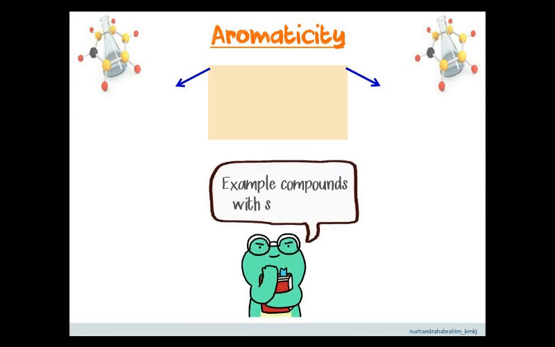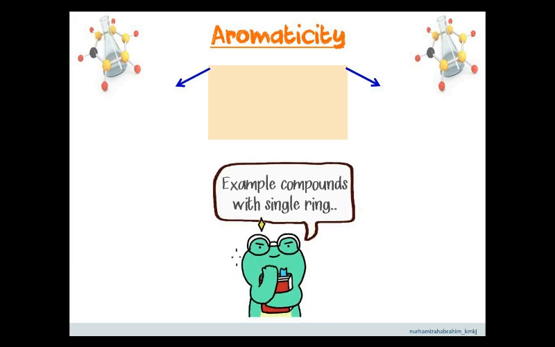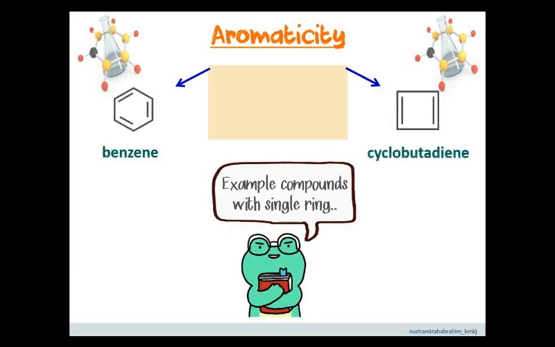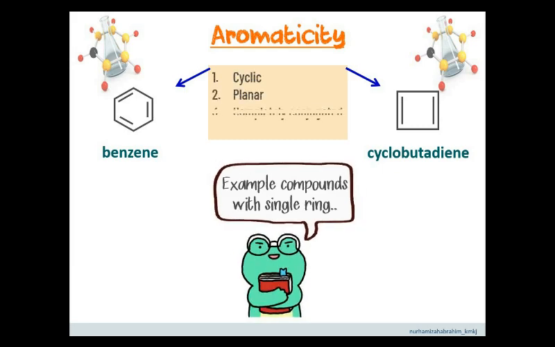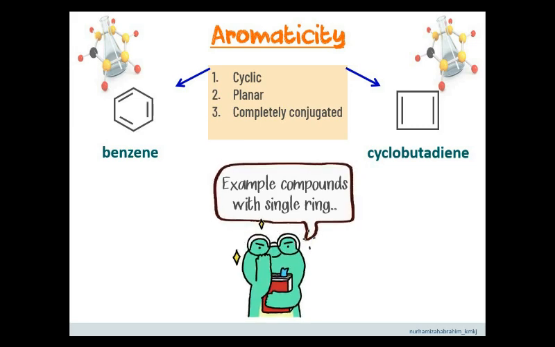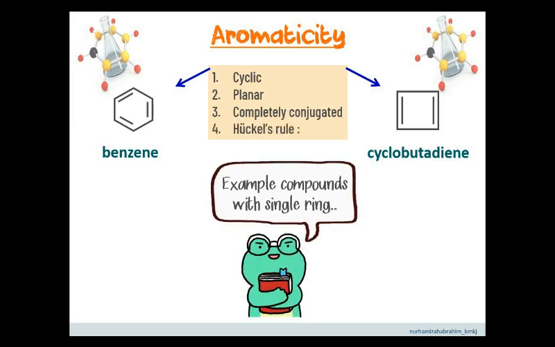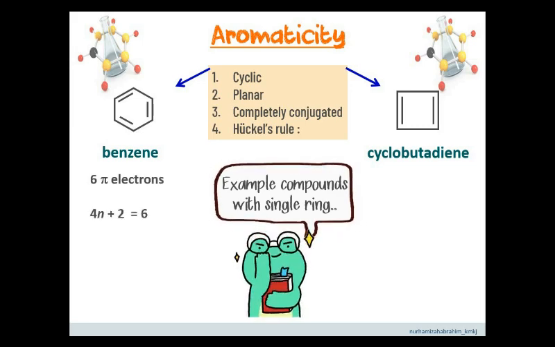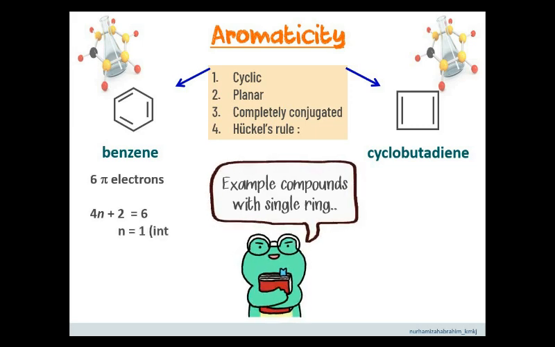Let's take a look at examples of compounds with single rings. We have benzene and cyclobutadiene. Both compounds are cyclic, planar, and completely conjugated. Now we need to determine whether they satisfy Kekulé rule. For benzene, the total pi electrons are 6, so the value of n is equal to 1, an integer.